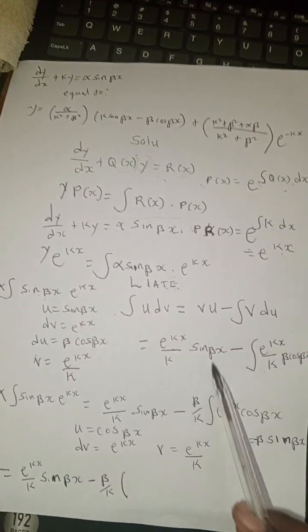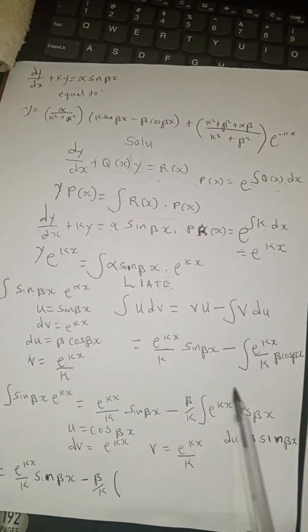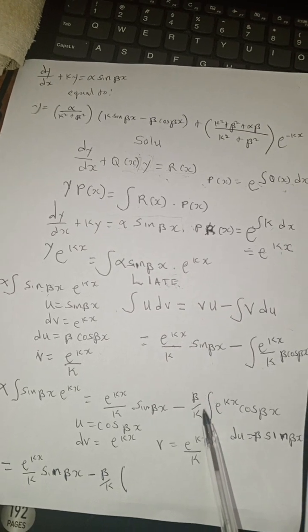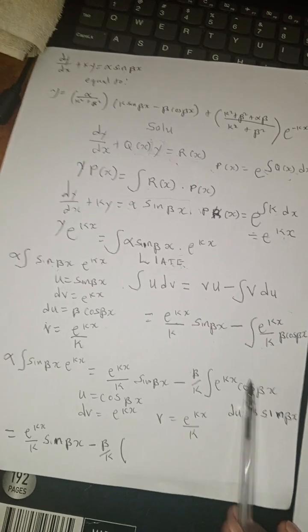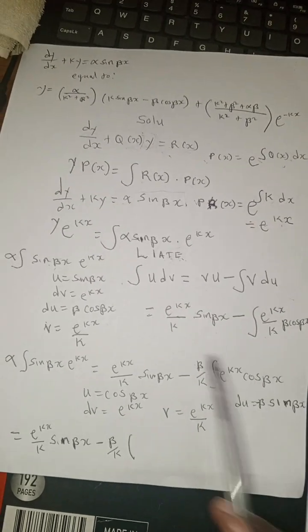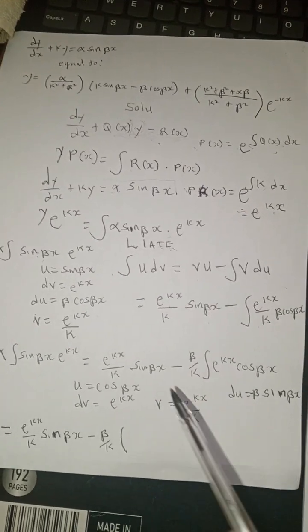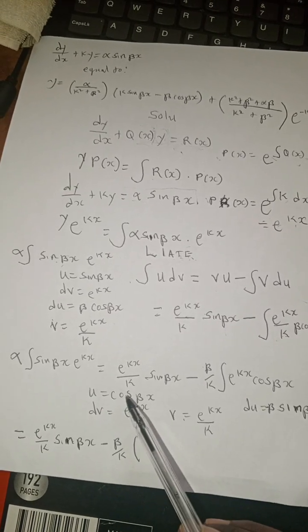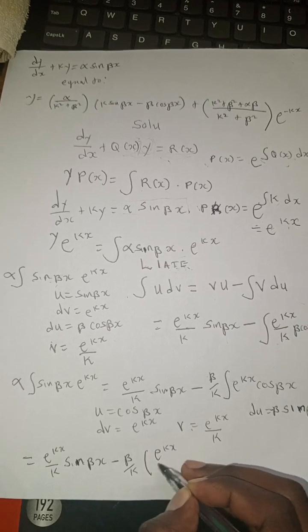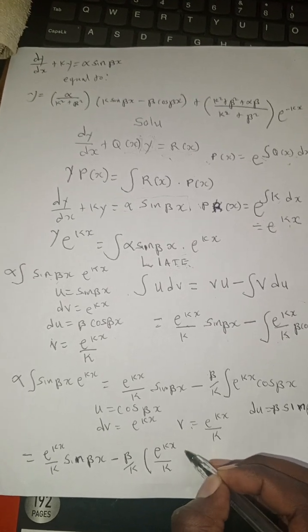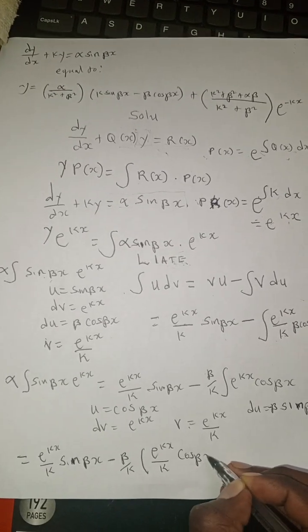Now we have to follow our formula because we are integrating. Remember, we're just integrating this set. That's why I've said this multiplied by whatever will come through. So we are following our formula, which is vu. So I'm saying v multiplied by u, so it is e^kx over k multiplied by cos beta x.